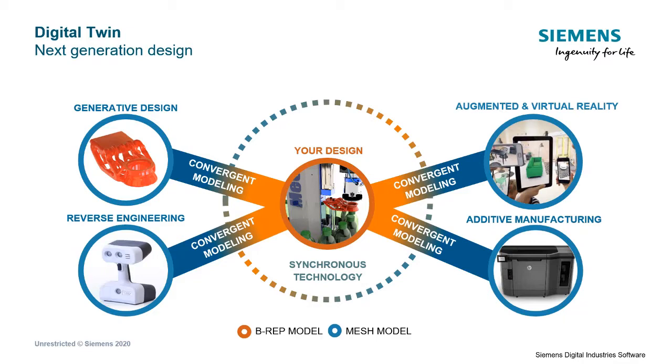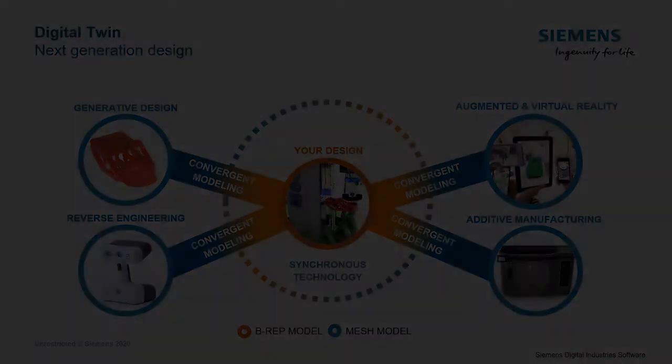Using convergent modeling, designers can work flexibly and interactively on CAD models that use one or both of these modeling techniques. At this point, we'll hand over to Jim Wright for his discussion and demonstration of lightweighting.